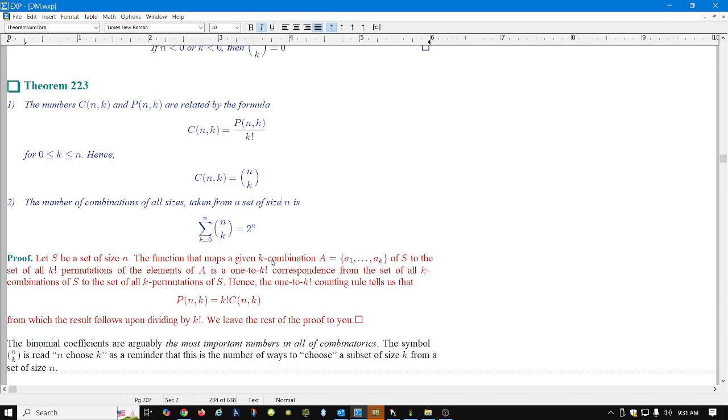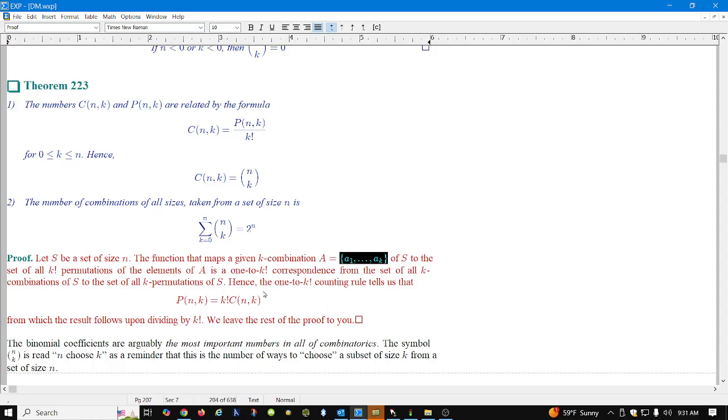The function that maps a given k combination of S to the set of all k factorial permutations of these same elements, little a1 through little ak, is a 1 to k factorial correspondence from the set of all k combinations of S to the set of all k permutations of S, of which there are n factorial.